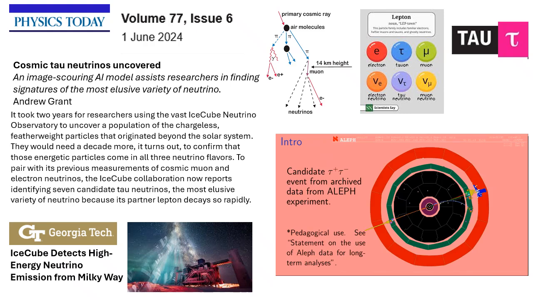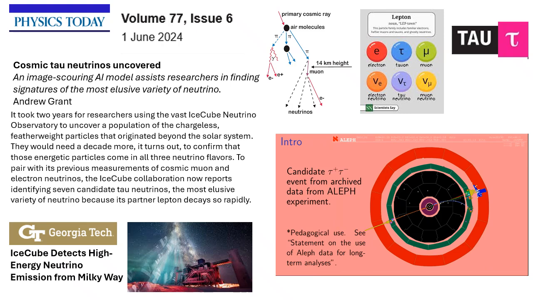Okay. Before we go too much further, let's talk about what that picture is in the first slide of the video. This picture is of a candidate tau plus tau minus production event from the archived data from the Aleph experiment. Let's see if we can understand what's going on in this picture.